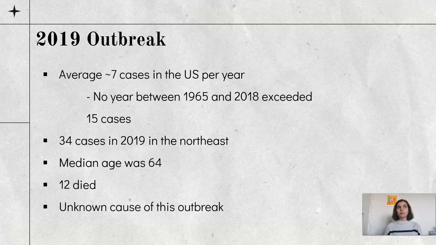There was a correlation found between older age and likelihood of death, so it did primarily affect the older population. And the cause of this outbreak was unknown. However, it's thought that rising global temperatures accompanied by increased rainfall could lead to higher EEE disease rates because these conditions are favorable for mosquitoes.